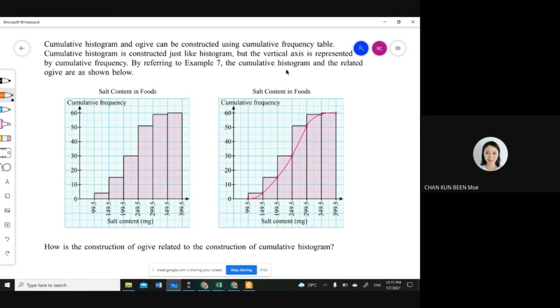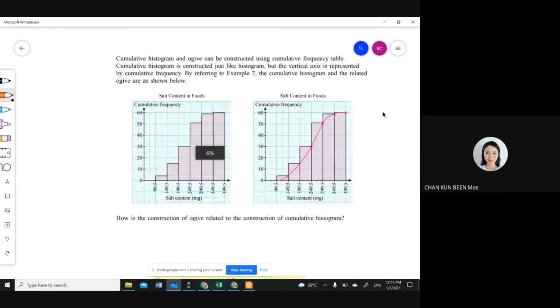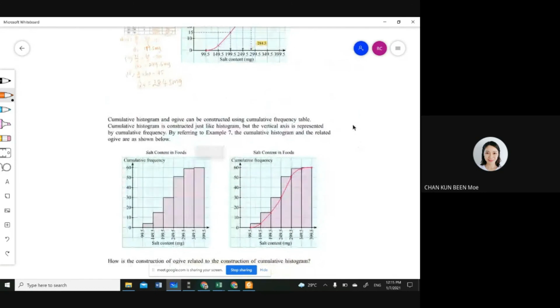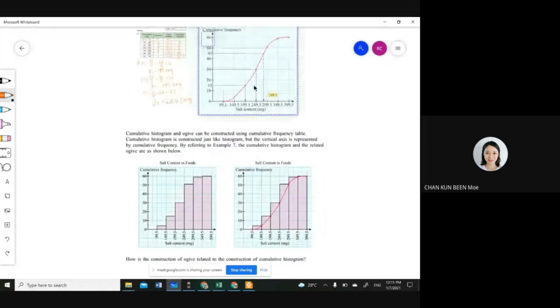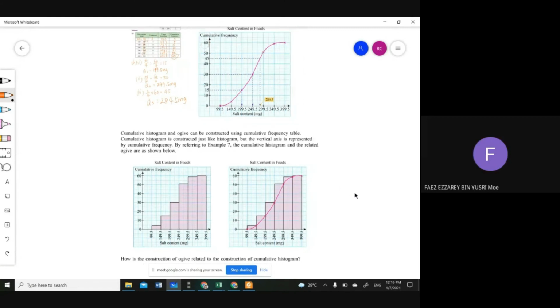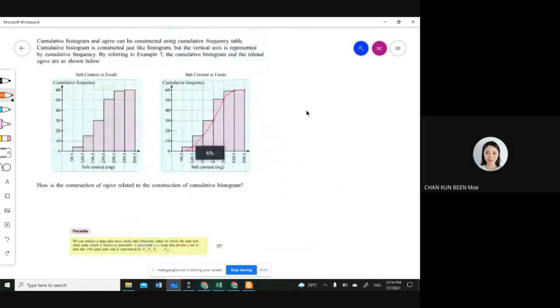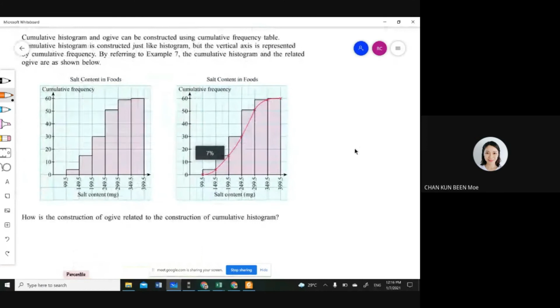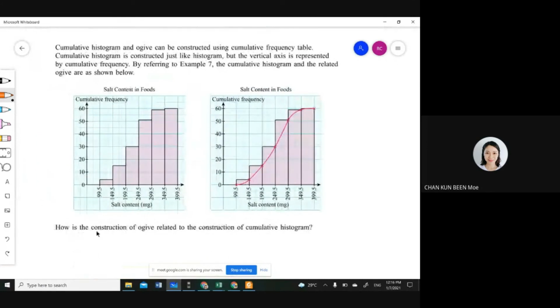The cumulative histogram and the related ogive are as shown below. So this is the example 7 that we have just now. Do you see the similarity? Yes, right? So it's the same thing actually. Now we look at the question. What do they want us to find out? How is the construction of ogive related to the construction of cumulative histogram? Can you find how they are related?